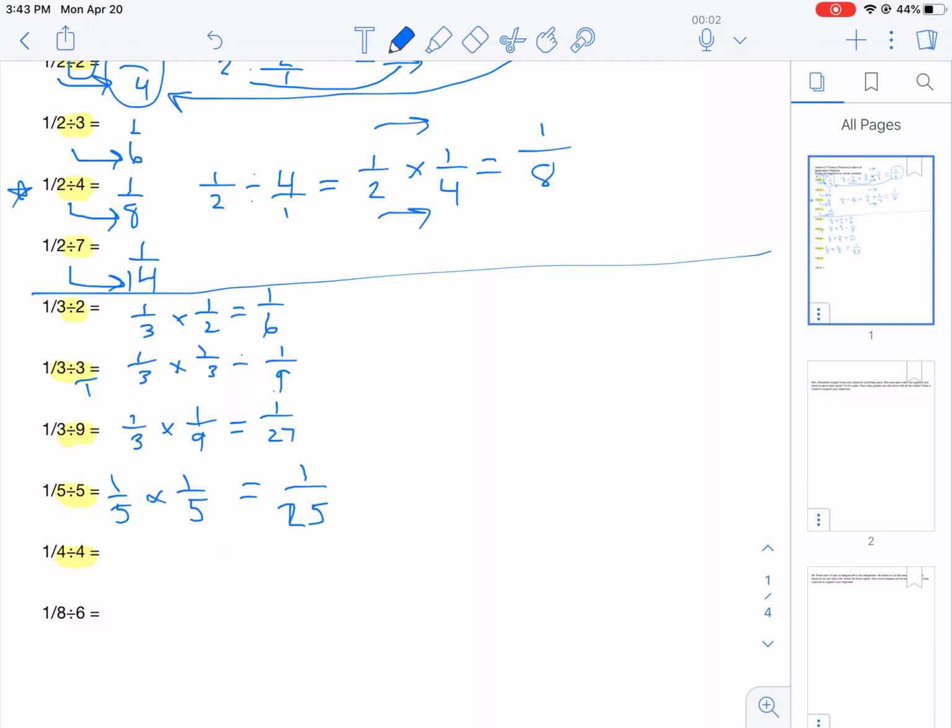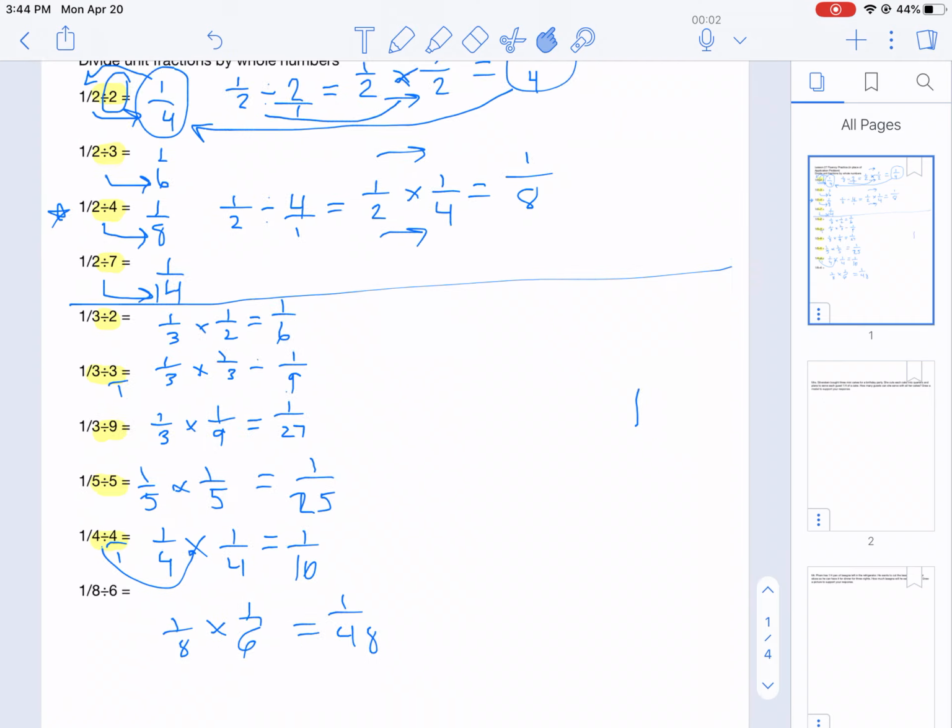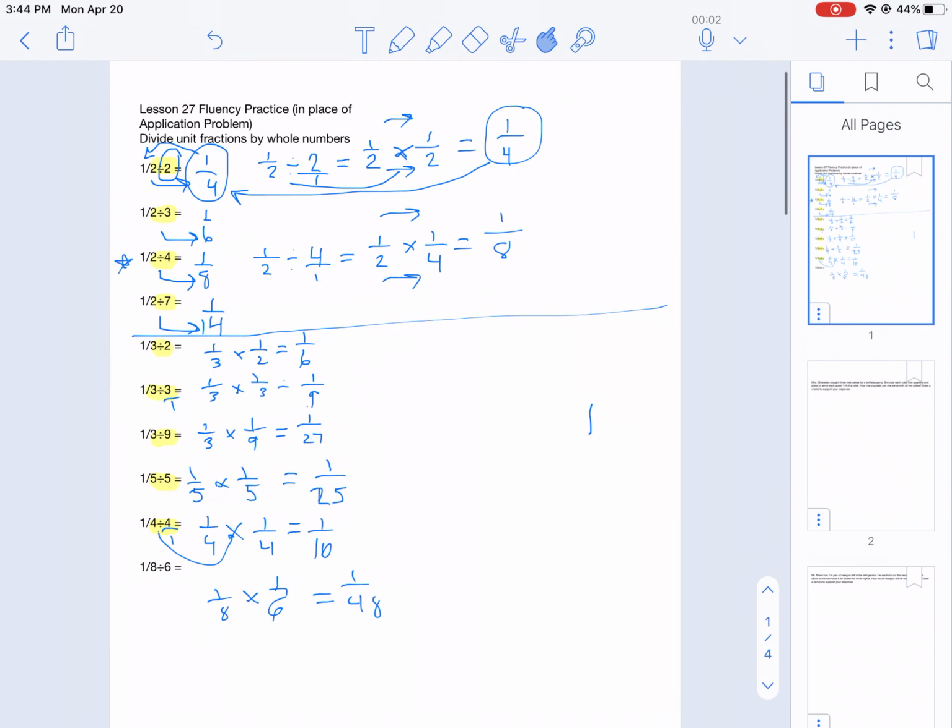We're taking the number we start with, 1/4, changing that division sign to a multiplication sign, and then writing the reciprocal of that whole number, 1/4, which gives us 1/16. And the last one is 1/8 times 1/6, which gives us 1/48. I hope that this can help you moving forward.